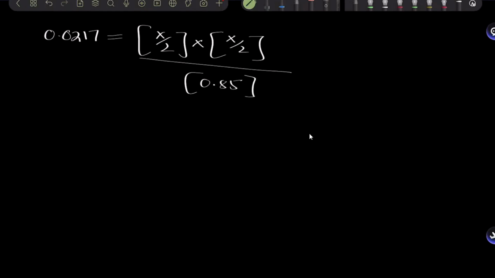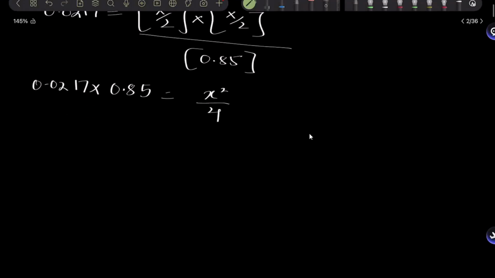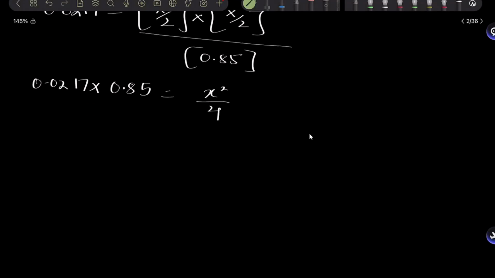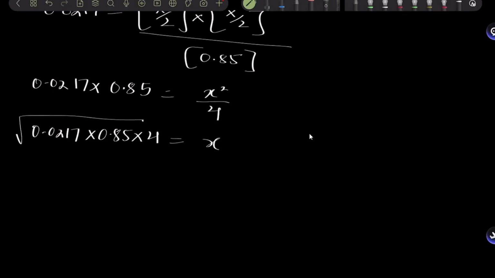Now I need to solve this. So I multiply 0.0217 by 0.85. And the other side becomes what? It's X by 2, so it becomes X square over 4. Now the 4 can multiply over here. So 0.0217 into 0.85 multiplied by 4, and the square root would be equal to X.